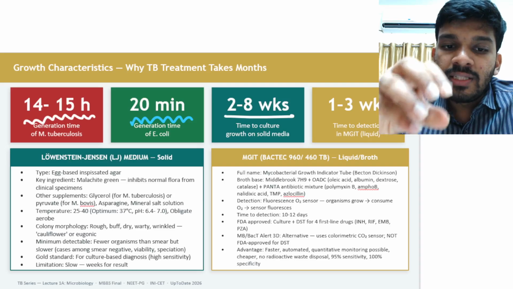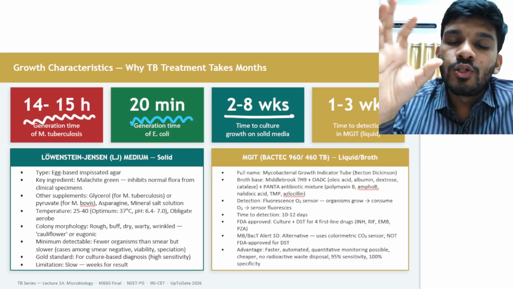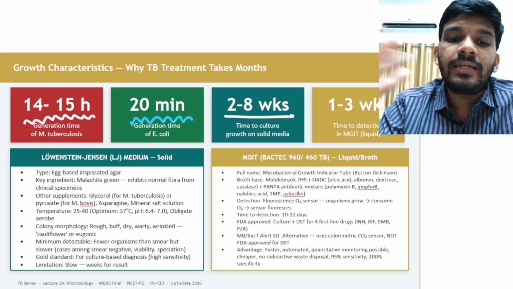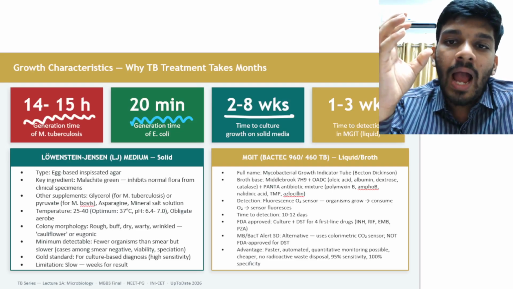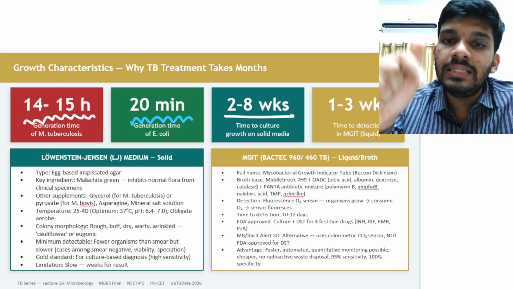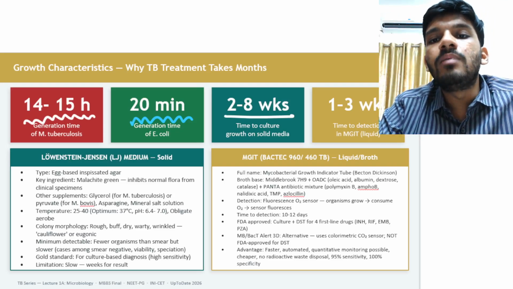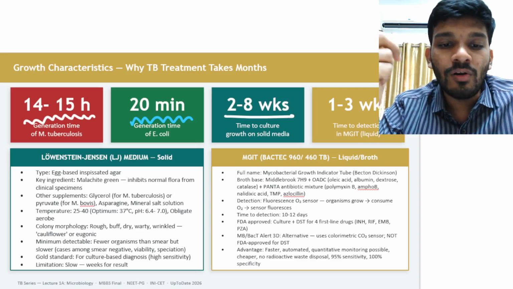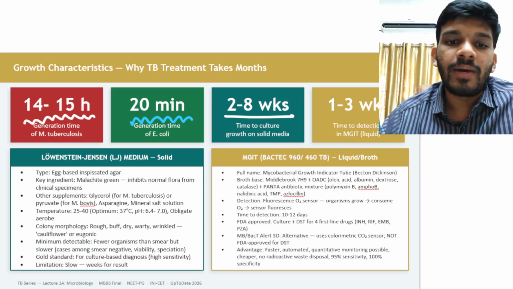They are latent. They are non-replicating bacilli. So because of this, you need different types of drugs. That is why you need multi-drug therapy to act on tuberculosis. So these growth characteristics help you understand more things when you think about the pharmacology and the medicine part of this. Now let's come to the growth medium, that is, coming back to the microbiology.